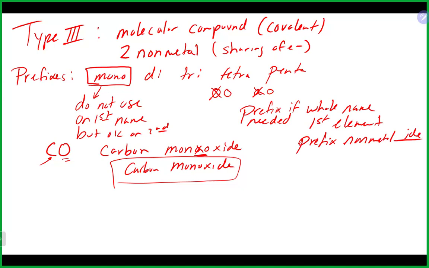Any questions on any of that naming stuff that we talked about last time? No. What's that? Yeah, probably. If you're asking, do you have to write the name, and do you have to write the formula? Yes. If you're given a name, you'd probably have to write the formula like we did in some of those examples, or if you're given a formula, you would have to provide the correct name.